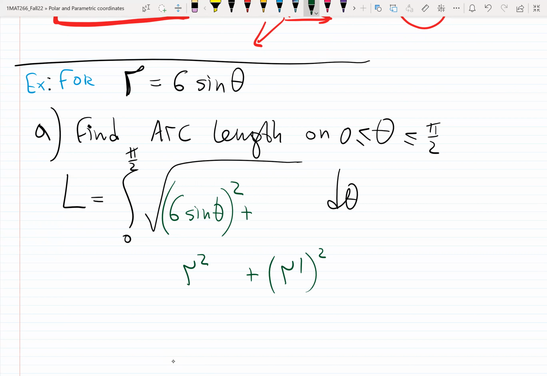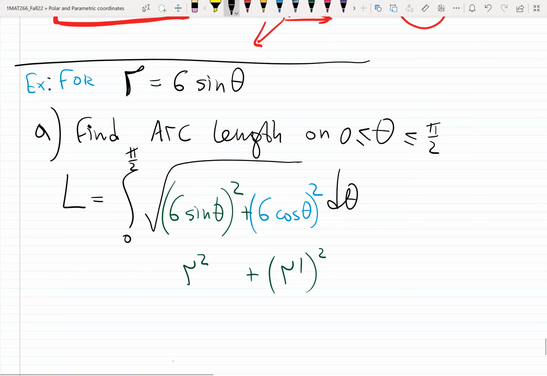Derivative of sine is cosine, so it's going to be 6 cosine theta squared. That's good enough. If I ask you to calculate that, you can practice it at home. We did it in class, so I don't want to spend time on this. But the whole point is to know the formula. Do you know the formula? That is important here.